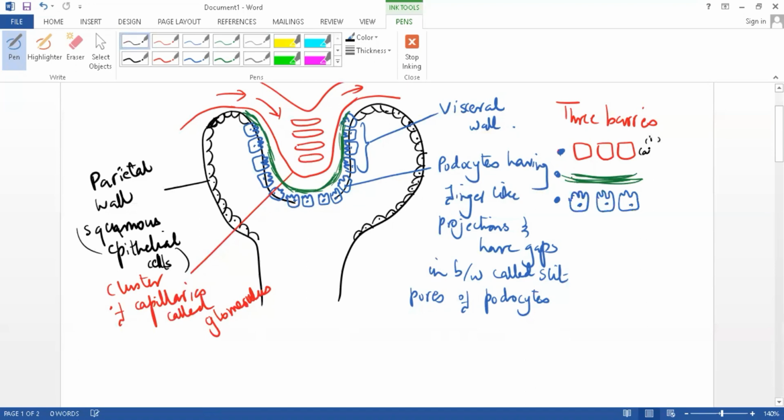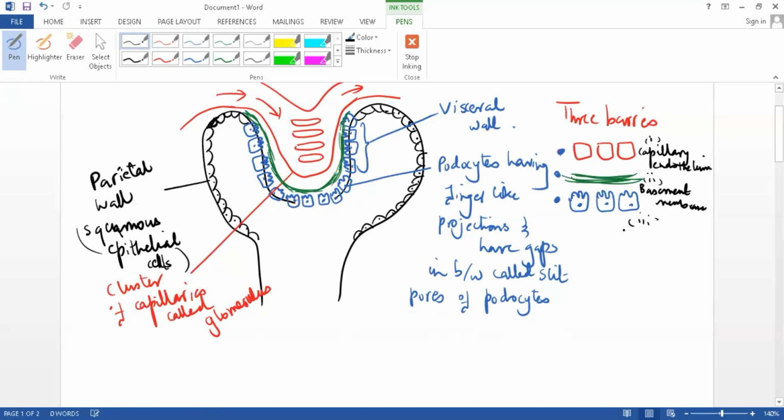First is the capillary endothelium. Second is the basement membrane.